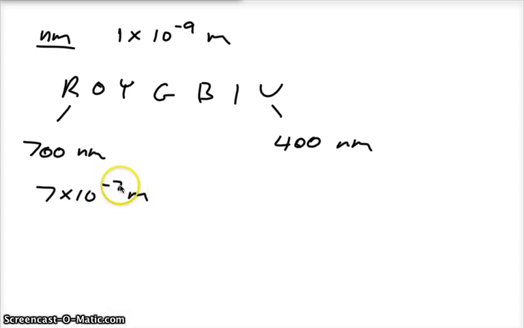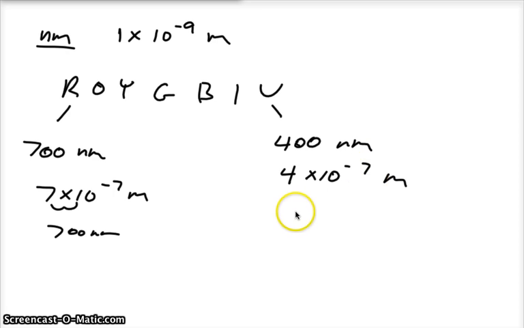You're going to see that negative 7 a lot. If you see negative 7 meter, you move your decimal over 2 spots, you get negative 9, so that would be 700 nanometers. If you see 400 nanometers, you might see it as 4 times 10 to the negative 7th of a meter. Again, move that decimal over 2 spots, that negative 7 becomes negative 9.